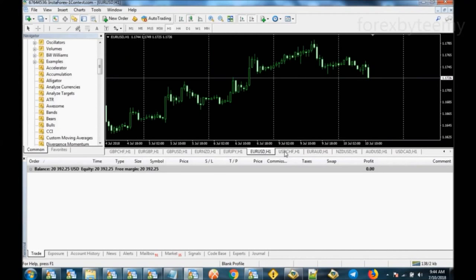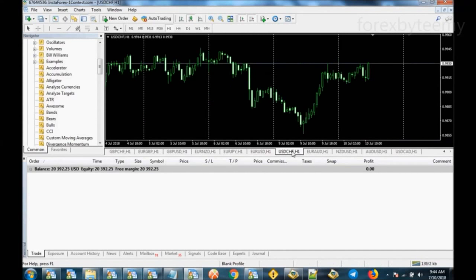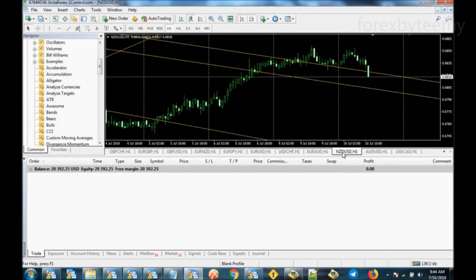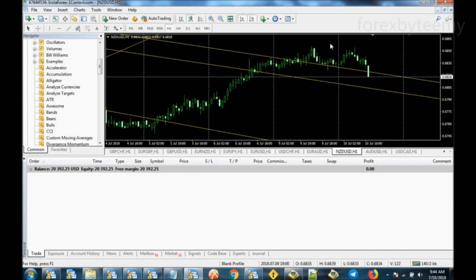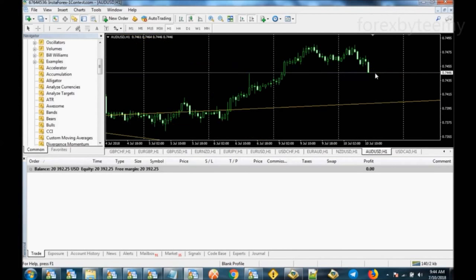I will explain that and show the correlation more in an Excel sheet later on. Let me show you another example. NZD USD and AUD USD also have a good positive correlation. This one is going this way, and this one is going this way; coming down, and also coming down. And they will also have a negative correlation to USD CAD.